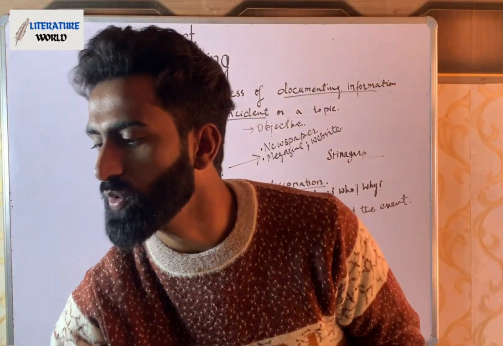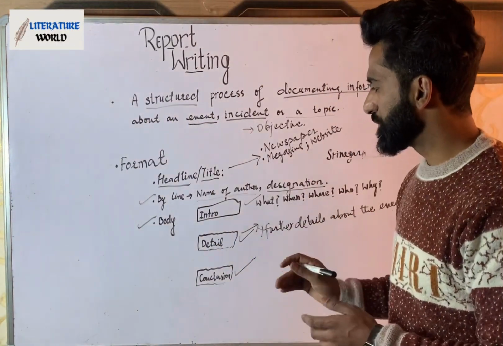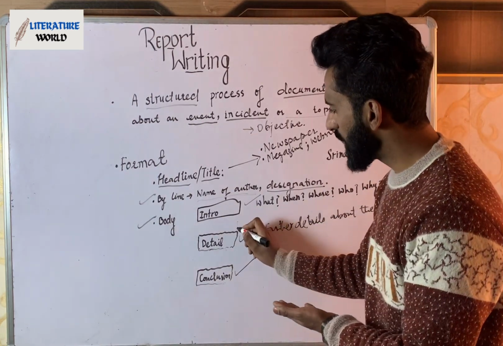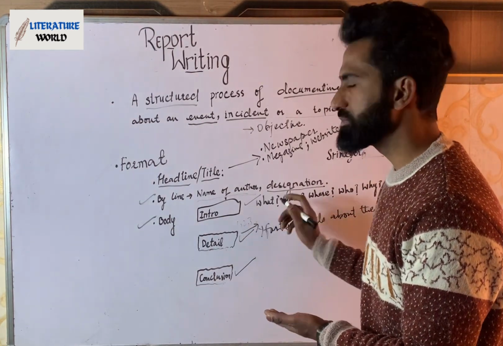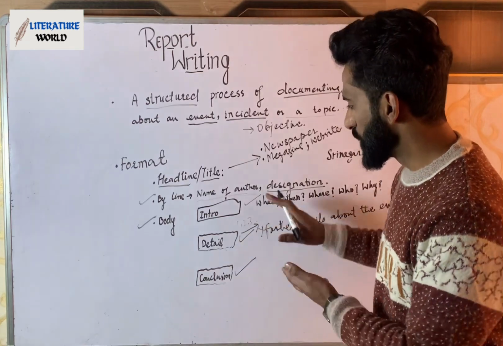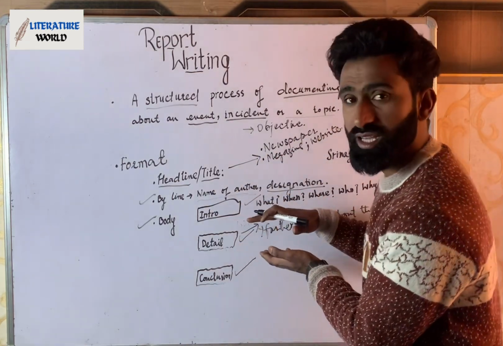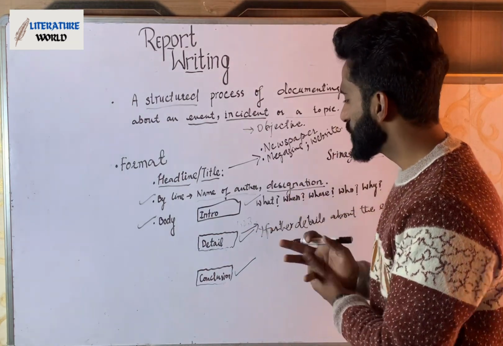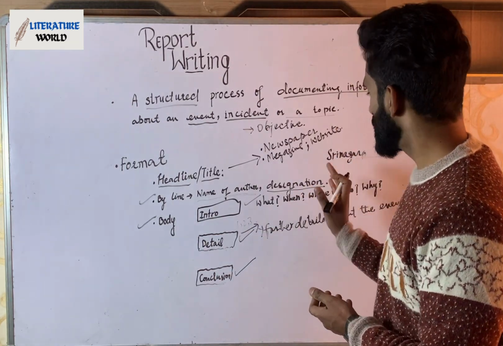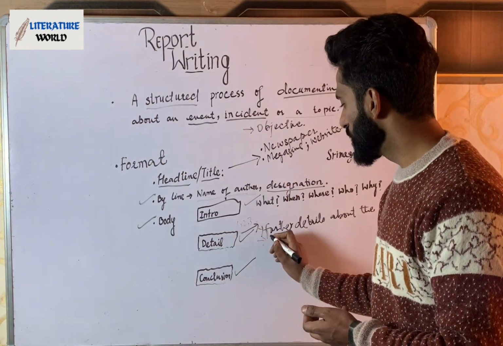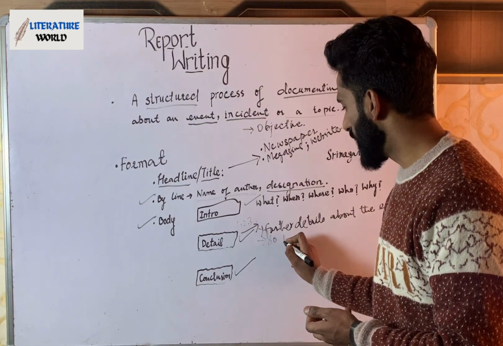Now let's talk about the last paragraph of the report. So this detailing can have 1, 2, 3, as many as you want to add here. So this is the introduction, and here is the conclusion, and in between there is detailing given. If you talk about a newspaper report, here you answer another question, that is, so what?